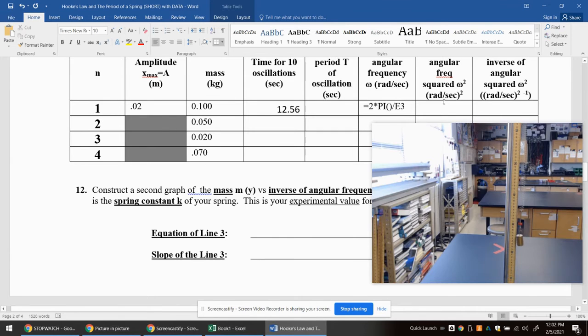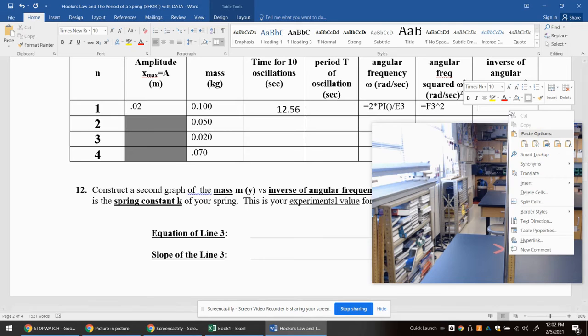You then will square that value. So you would square whatever that would be. So if this was E, F, G, equals F3 squared. Again, you would click on the previous cell. Type it in like that.